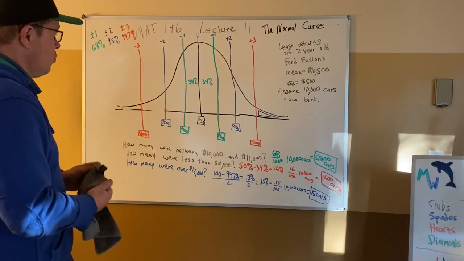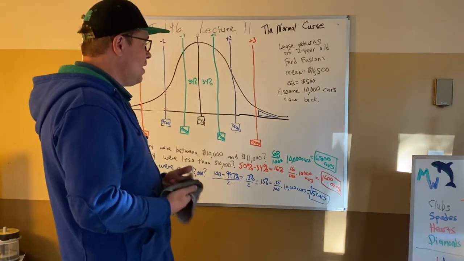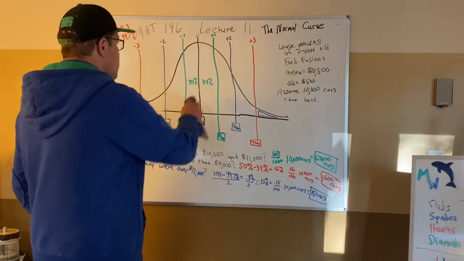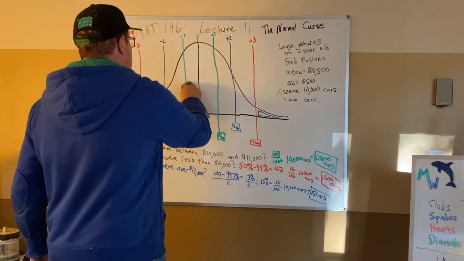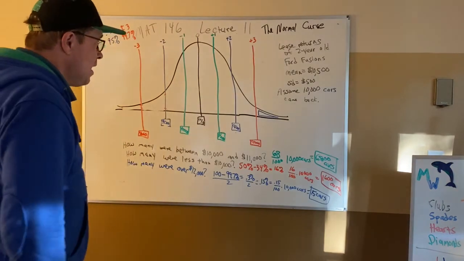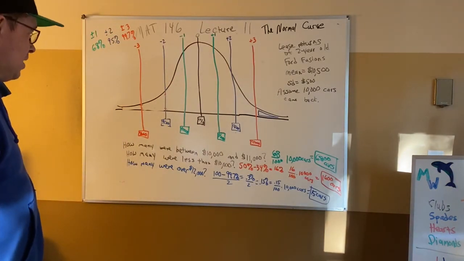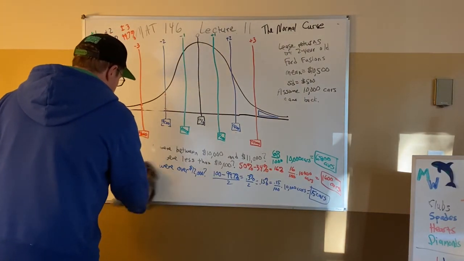And that will tell you what you're between. Are you doing 68? Are you doing 95? Are you doing 99.7% of the cars, or whatever you're measuring? And then you'll go find out that percentage of the number of total units that are in play, and you come up with the expectation of how many land in a particular range. So that's how this rule works.